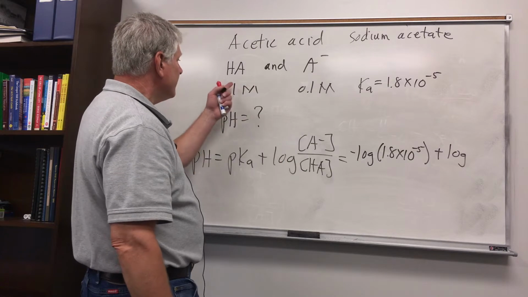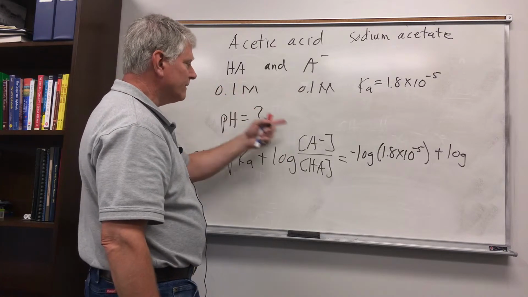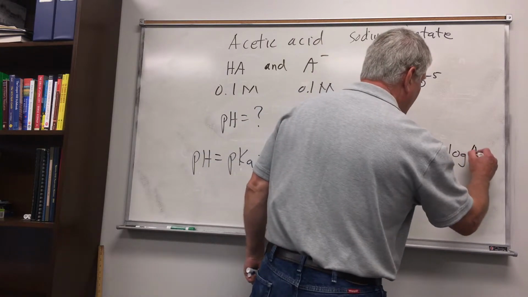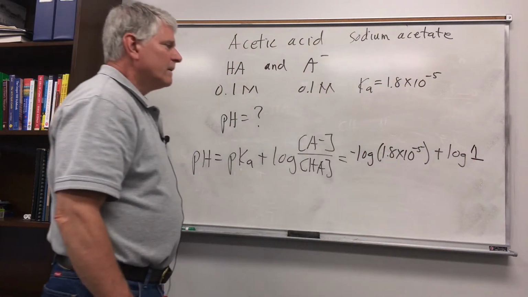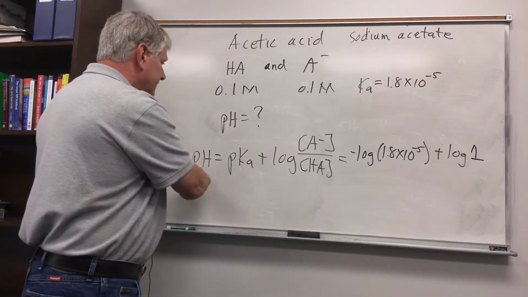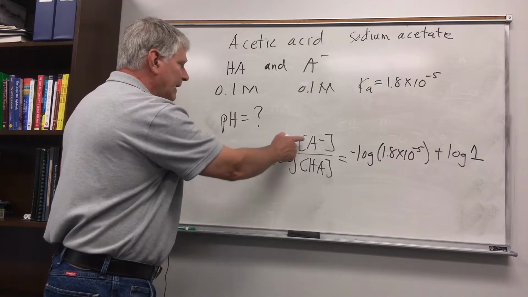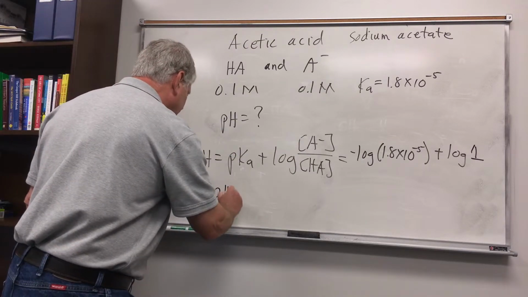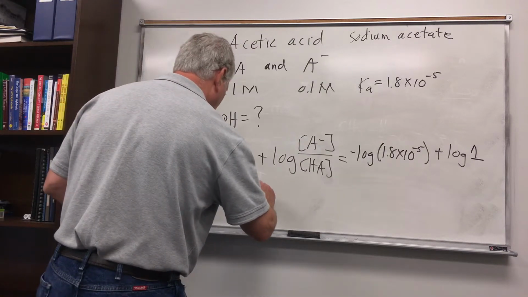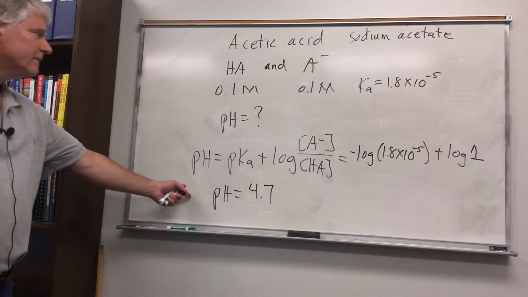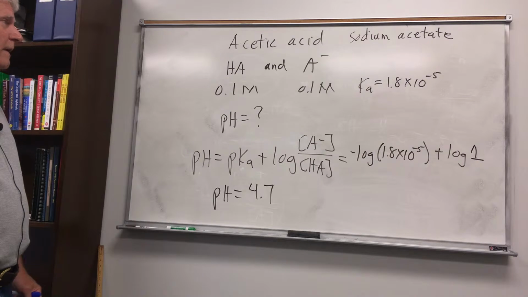We're going to use the initial concentrations, and so the log of 1 is 0. So the pH in this case is just the pKa when the initial concentrations are equal. So the pH is equal to 4.7. So this is the pH of our buffer solution.